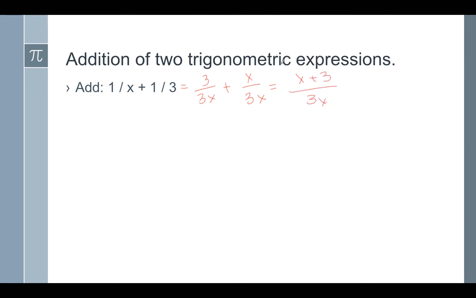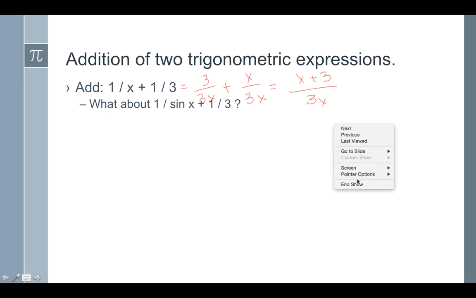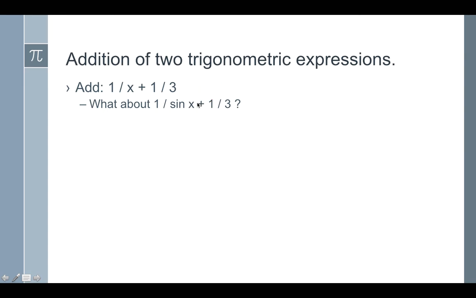Now that's super simple. We've done this plenty of times, way back in Algebra 2, way back at the beginning of the year, so that's not too challenging. The problem comes down to when we have trig in our fractions, and then people get confused. They want to change this to cosecant, and then they want to say it's cosecant plus a third. But let's do something a little bit different. Let's make these fractions have the same denominators.